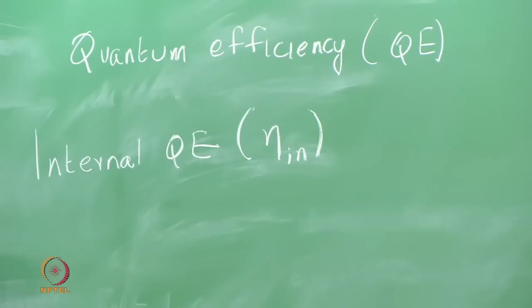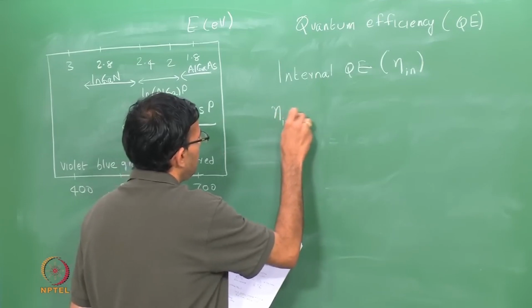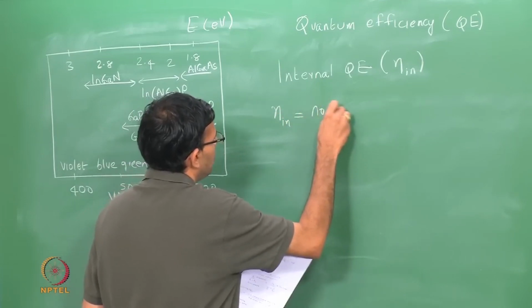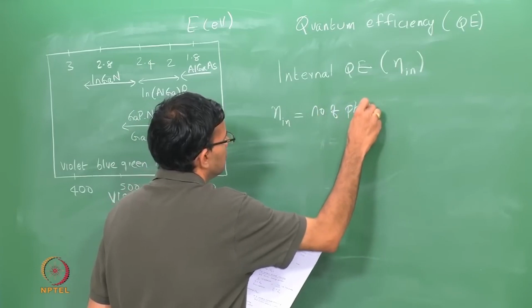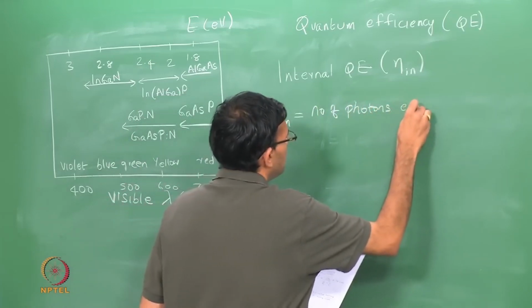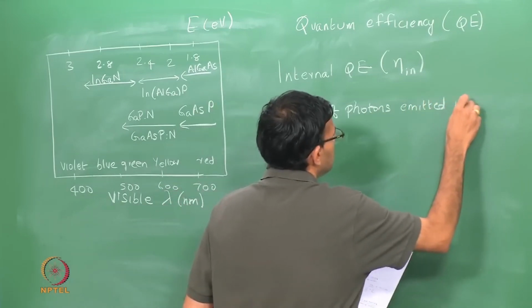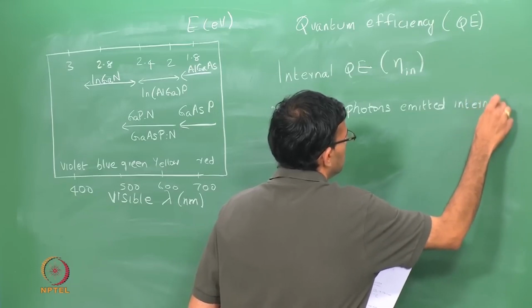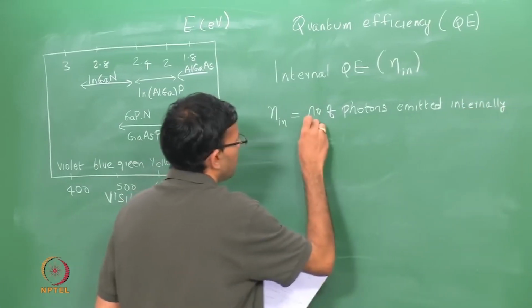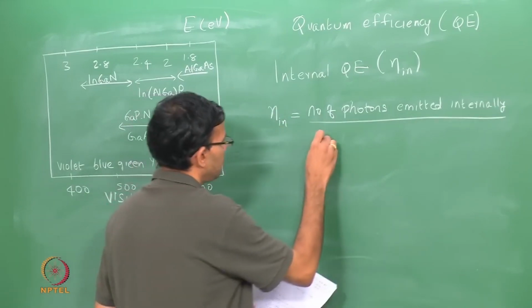So eta IN is the number of photons emitted or generated internally divided by the number of carriers.